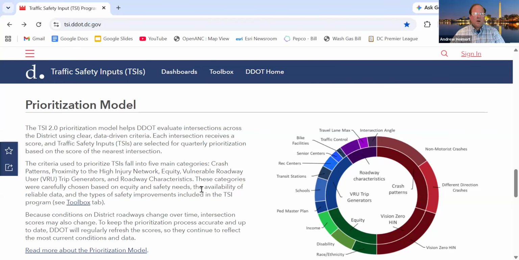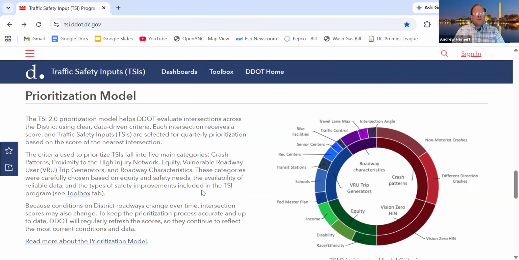All right. And is there a mechanism, though, for looking at neighborhoods? There is. We have a team that does neighborhood mobility studies, and they're currently doing one in Ward 8, I think in ANC 8B.